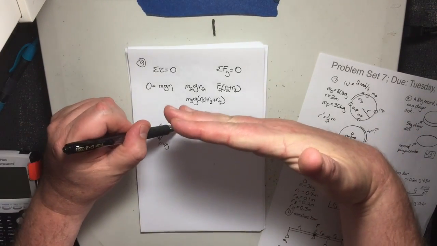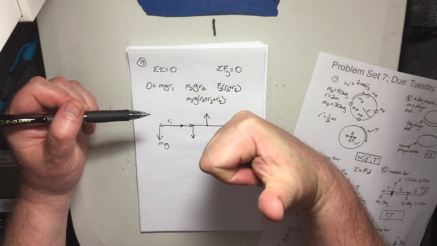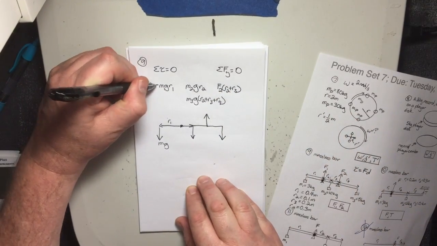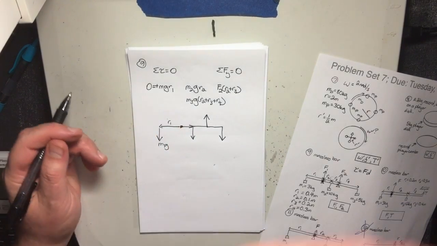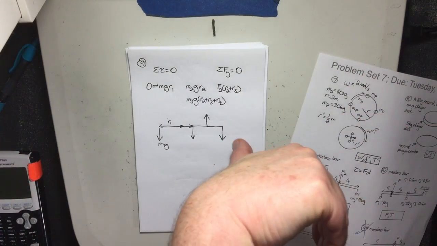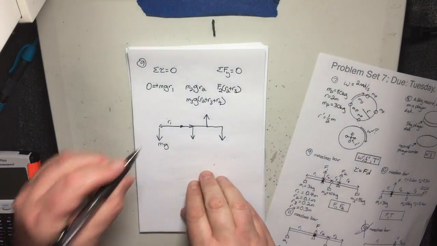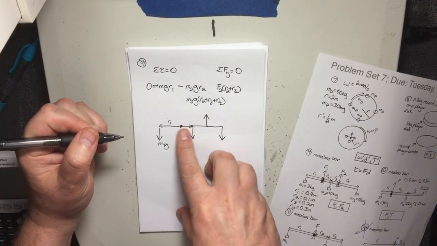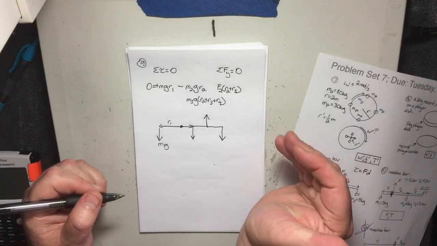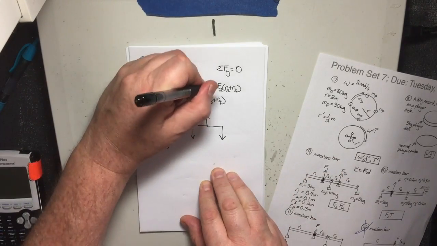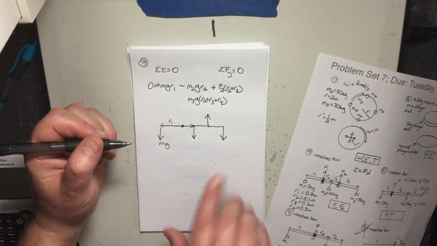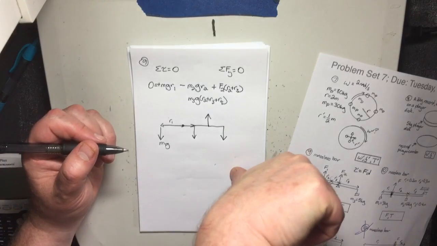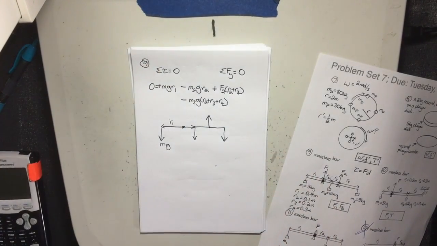To the left of the rotation, down, thumb up, positive. Force is to the right of the rotation point. It's down, into the page, negative. That force is to the right, but it's up, out of the page, positive. This is to the right and down, in, or negative. So the right-hand rule is used to determine the signs.